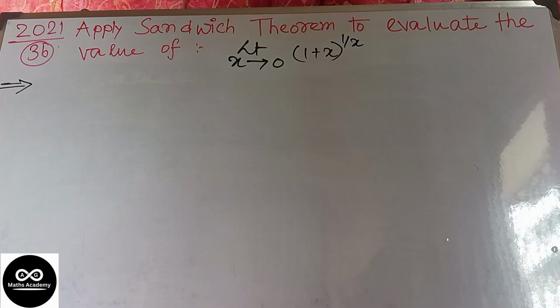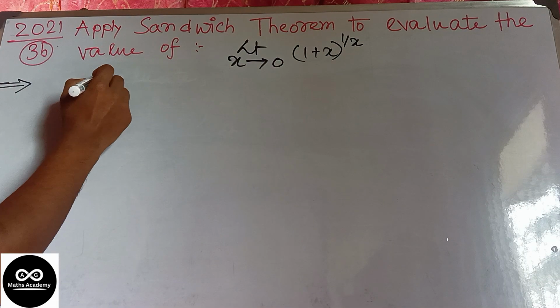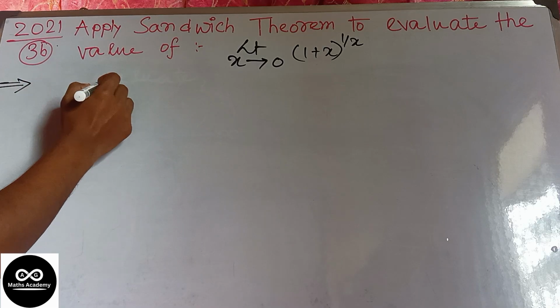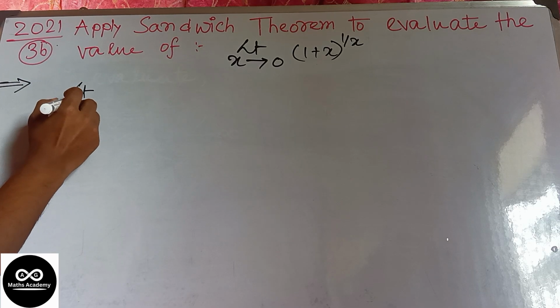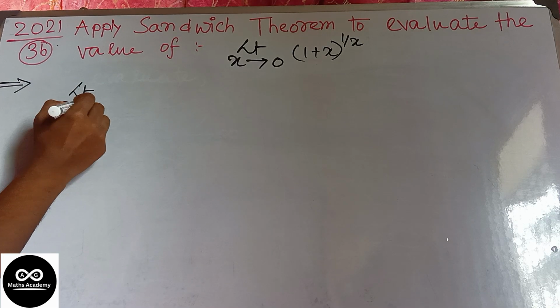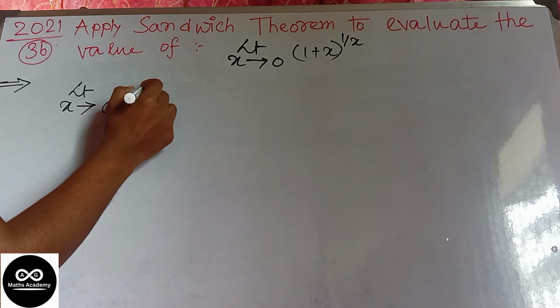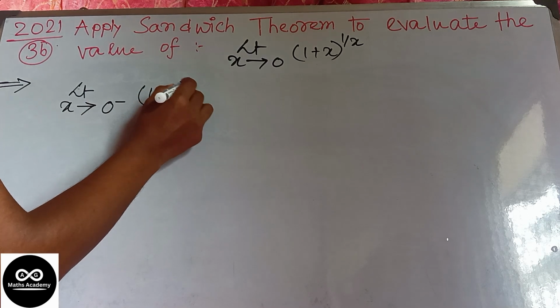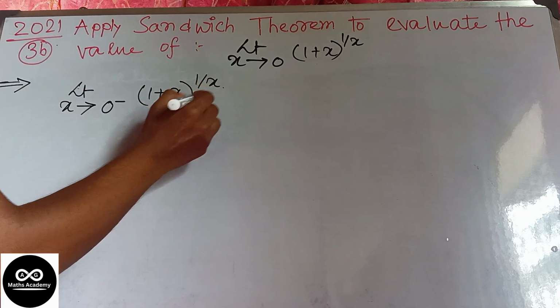So now we're going to evaluate the left hand limit. So the limit as x tends to 0 minus of (1 + x)^(1/x).